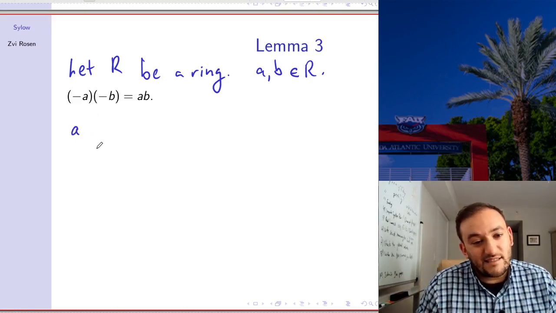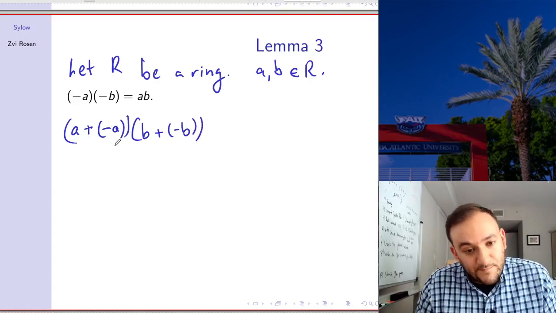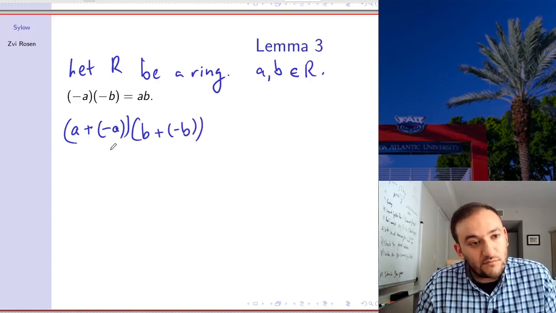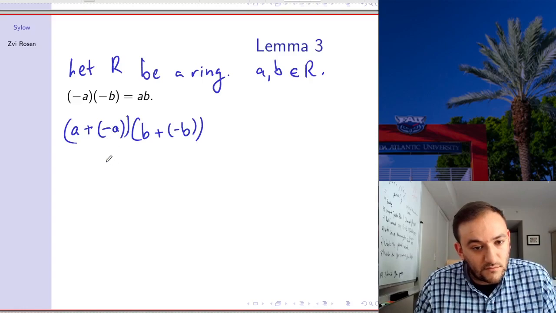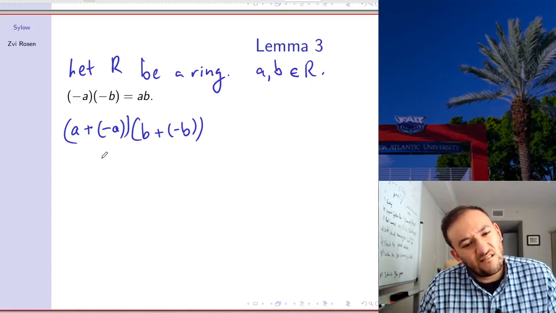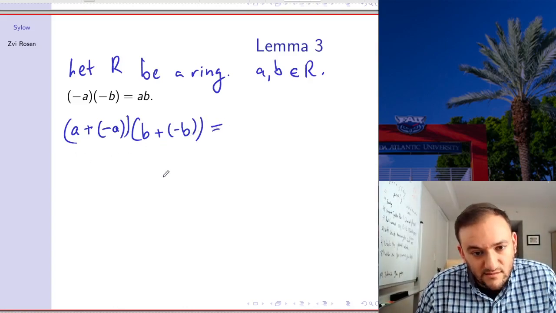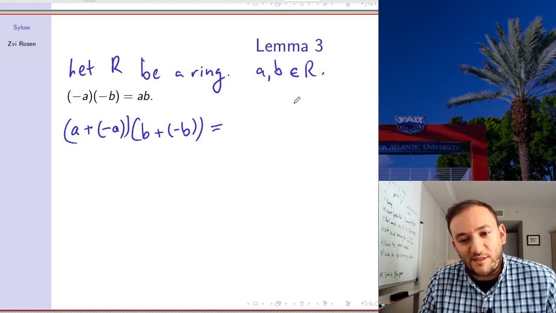So let's take something like (A plus minus A) times (B plus minus B). Let's do it this way and see what happens. If we have to start over, we'll start over.